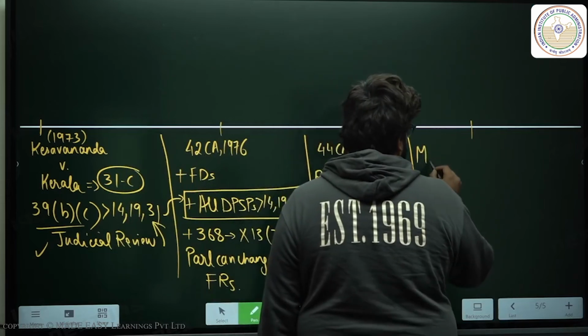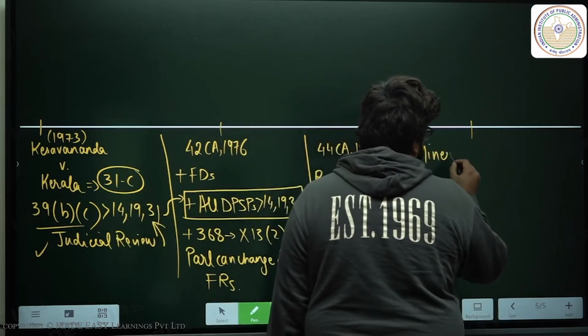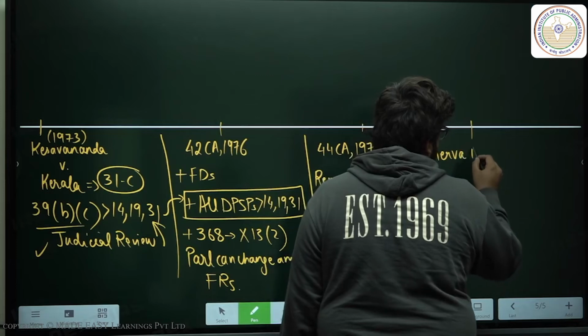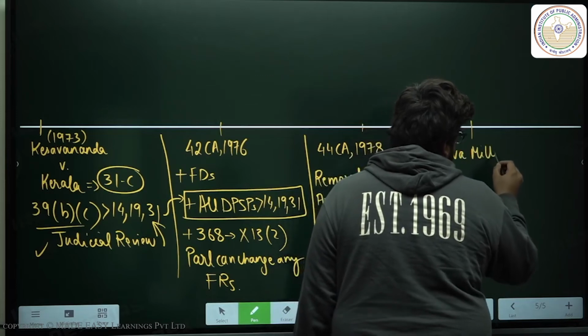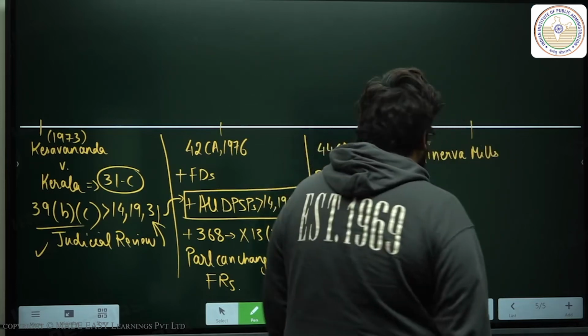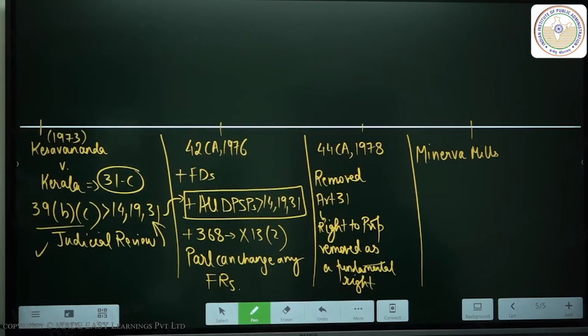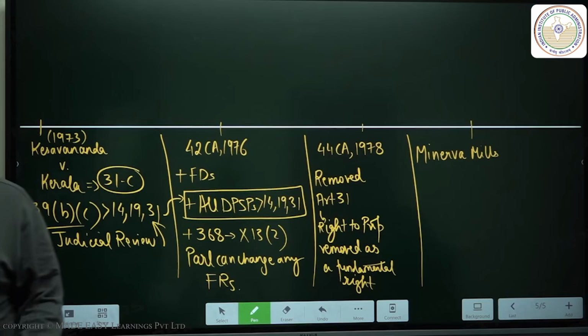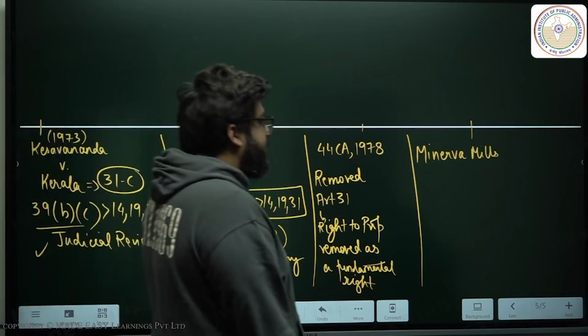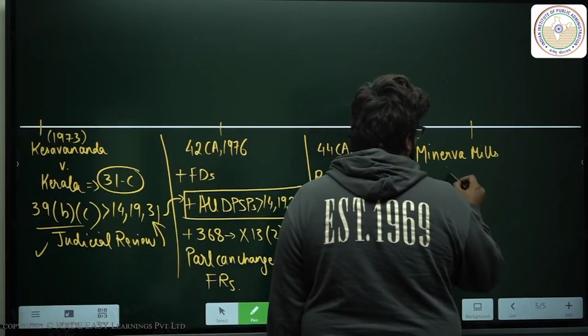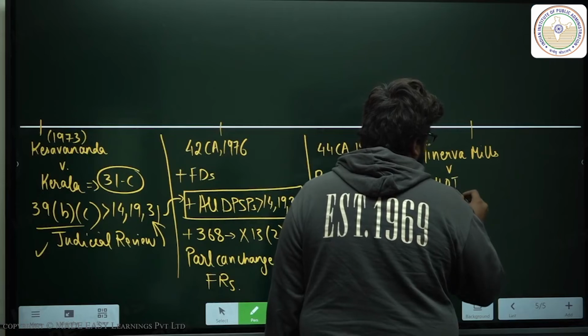Minerva Mills, the first case which had nothing to do with property, came into being. Minerva Mills versus Union of India in 1980.